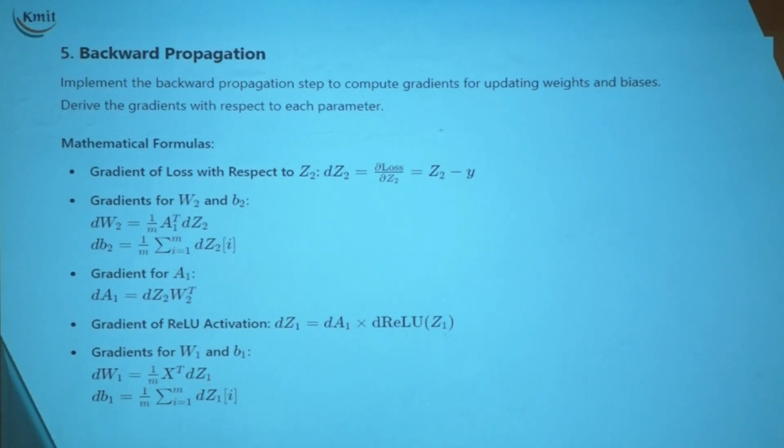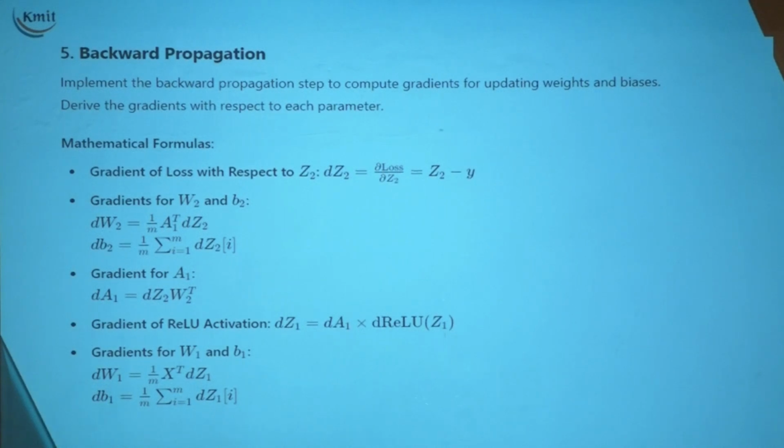Calculate derivatives for dZ2. After that, dW2, dB2. First one is dZ2. Second one, dW2, dB2. Third one, dA1.